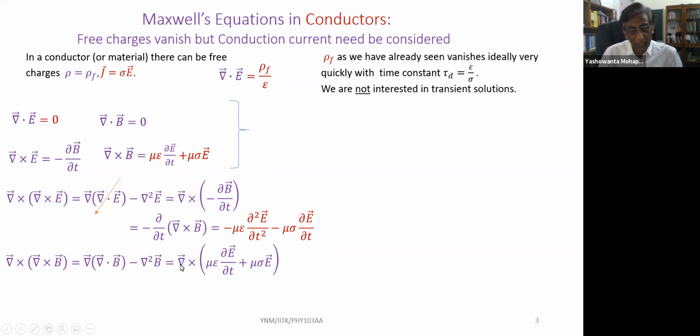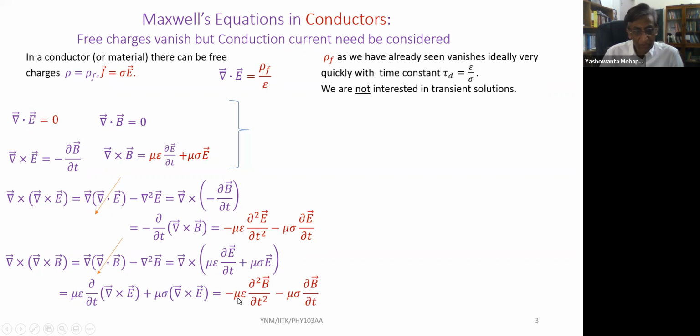And now we'll be left with del cross E on the other side, and hence we'll end up with the earlier term, which will give rise to mu epsilon del square B by del t square. But this term will also give you mu sigma del B by del t.